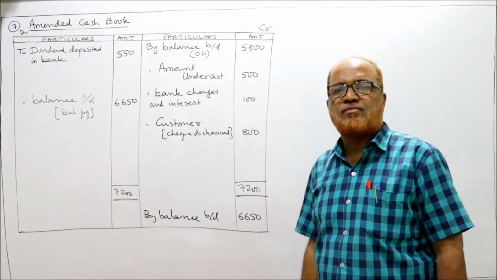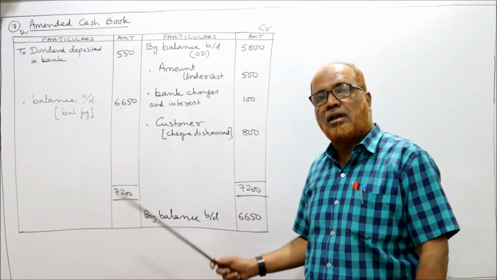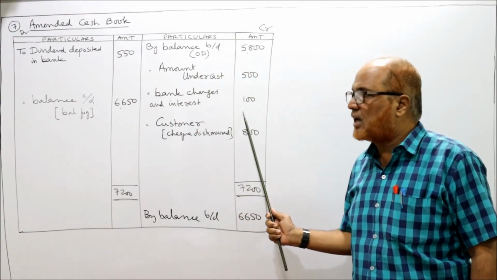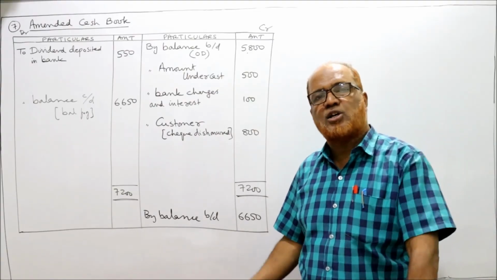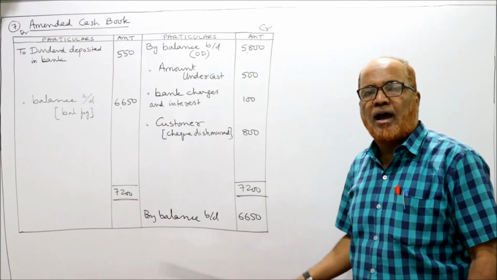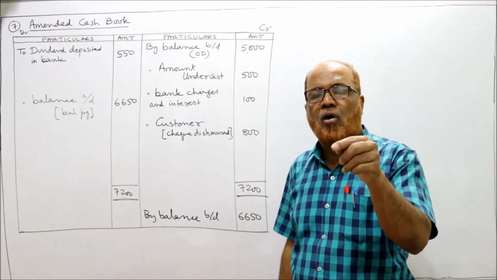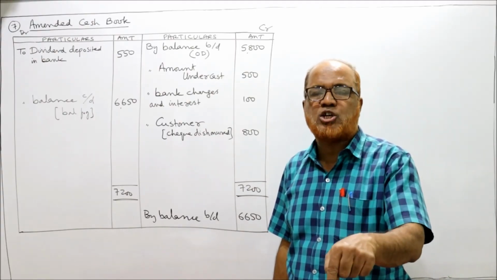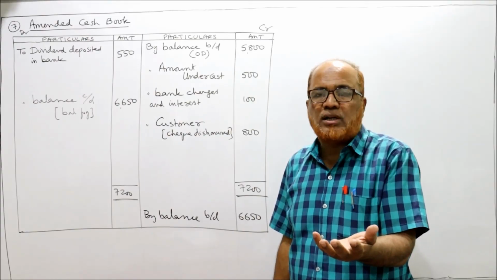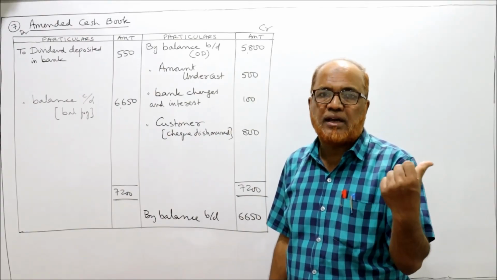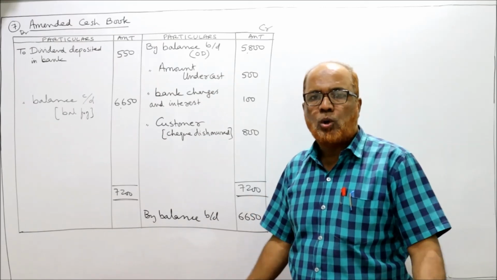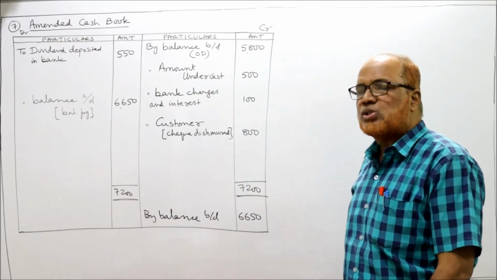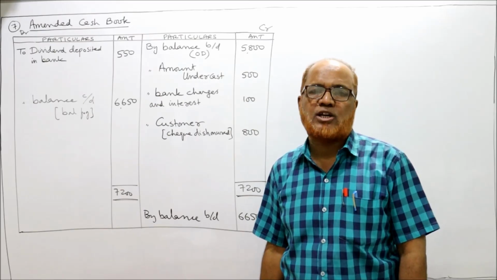Similarly, bank charges debited in the passbook are now taken on the credit side of the cash book. Then the customer's check dishonored, not entered in the cash book, we have now entered. And the 2,000 rupees check we had already entered in the cash book, but the banker had not yet collected, will be taken in the BRS because it is already entered in the cash book. So this is the closing balance of the amended cash book.